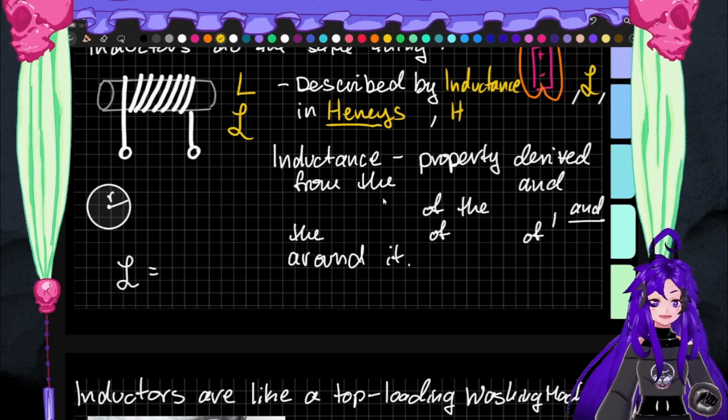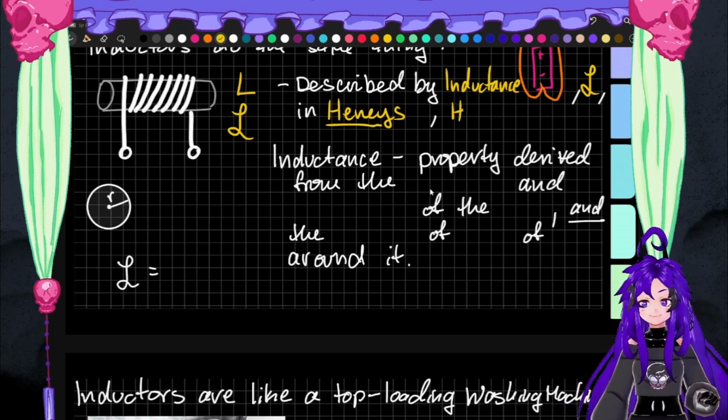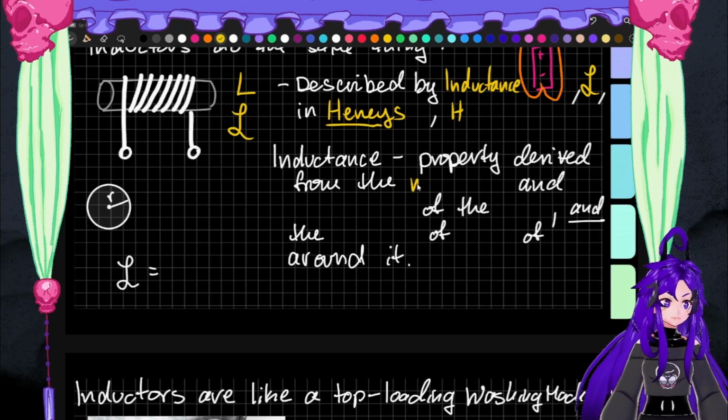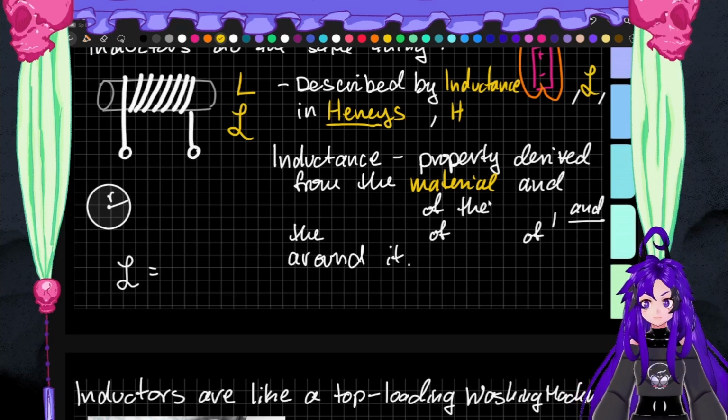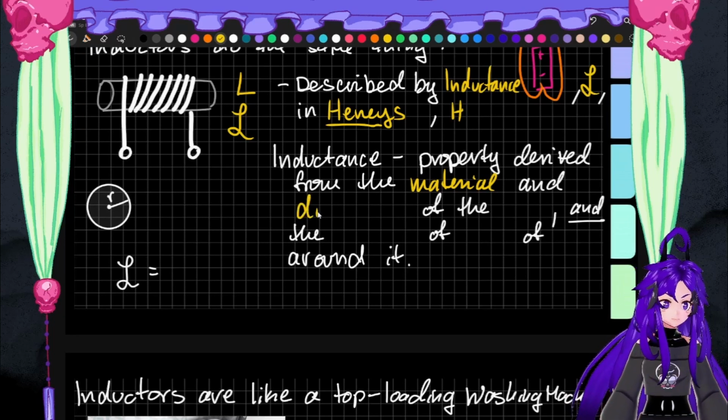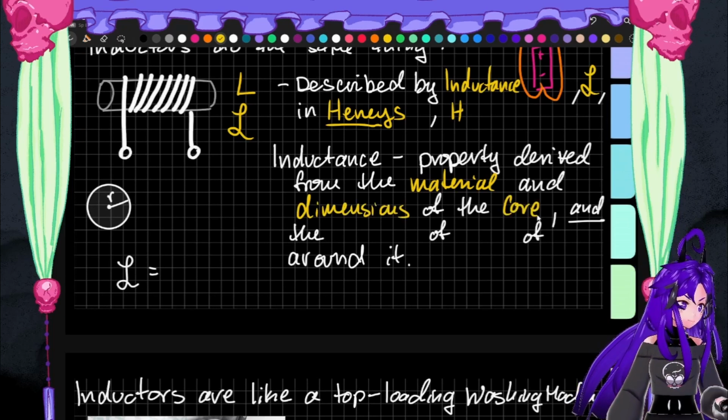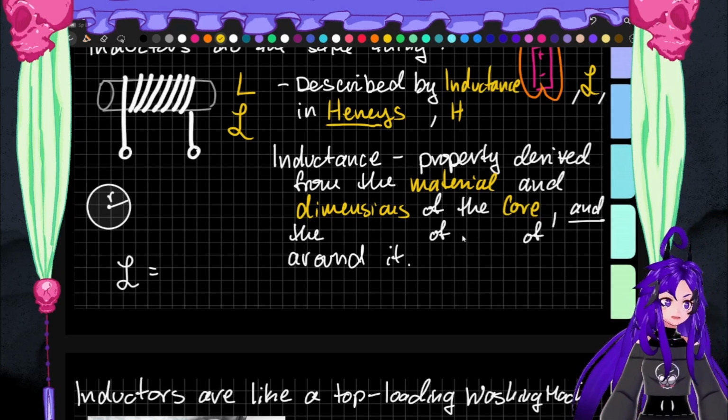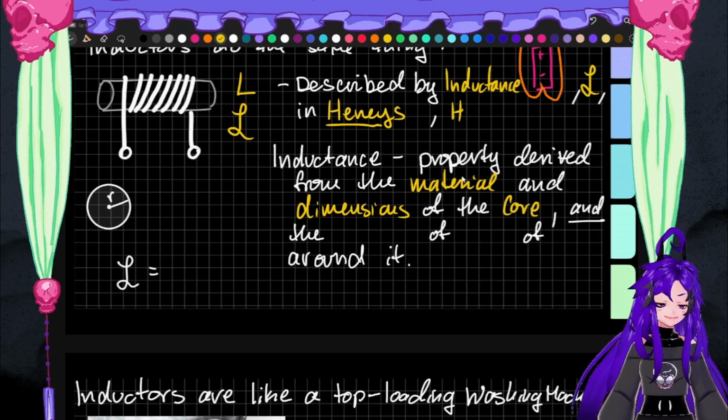So, inductance is a property that is derived from the material and dimensions of the core. That kind of feels similar to capacitance, right? Where it's the material and dimensions of the dielectric.